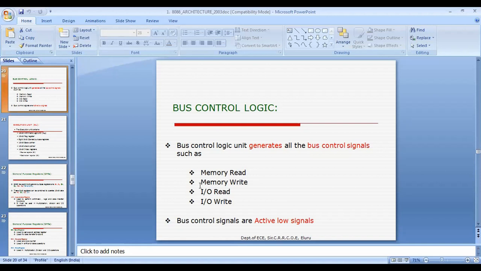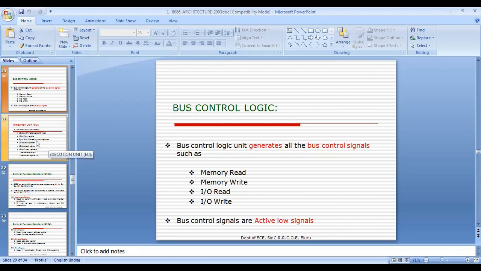These are all the functional units of the bus interfacing unit. Hope you understand this. If you have any doubts, you can ask me at any time.